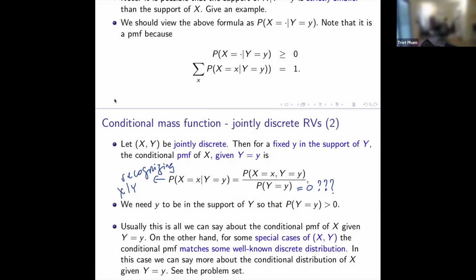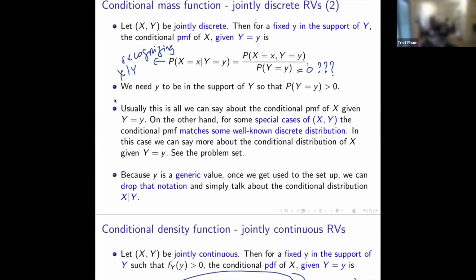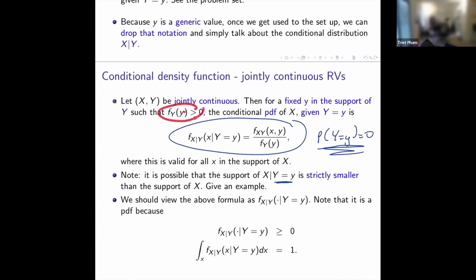Well, the distinction is that in the case where I say you should not divide by 0, that's a jointly discrete random variable. These have a mass function, so you should divide by a value in the support. Similarly here, you still stay in the support such that the density is positive. However, notice that what you back off here is not a probability, but a conditional density.